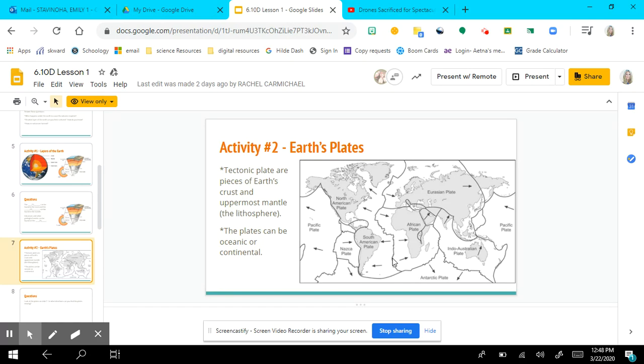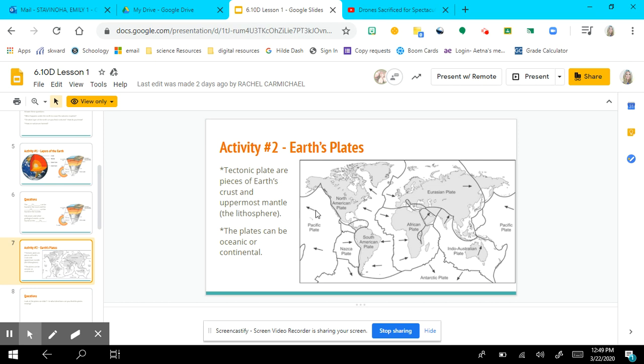Remember the sayings that we came up with. Convergent, collide, where they collide together. Divergent, divide, where they separate from each other. And transform, slide, where they move past each other. In this picture, it's hard to tell where any transform plates are.